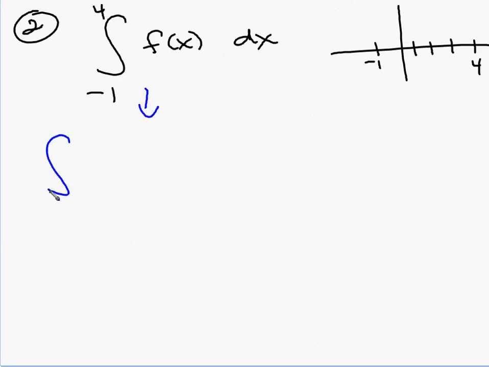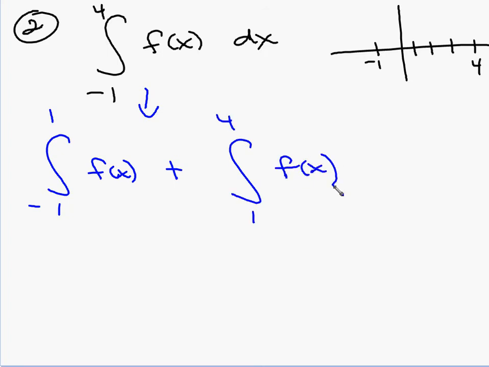I can rewrite this as the integral from negative 1 to 1 of f of x plus the integral from 1 to 4 of f of x. What did I do? Whatever my function is doing, I split it up as the integral from negative 1 to 1 and then the integral from 1 to 4.